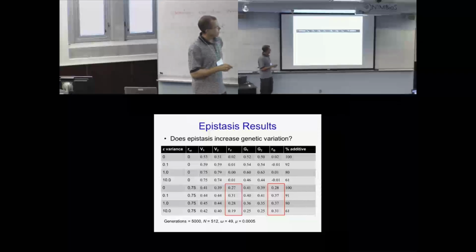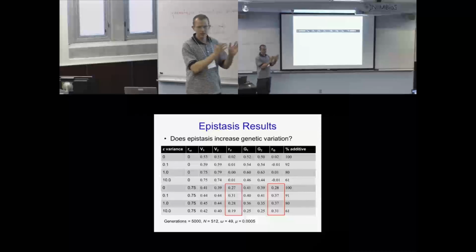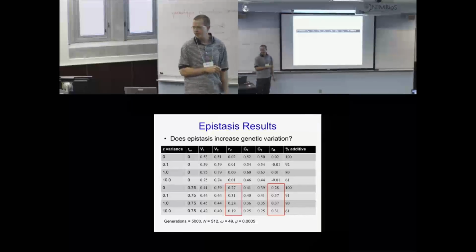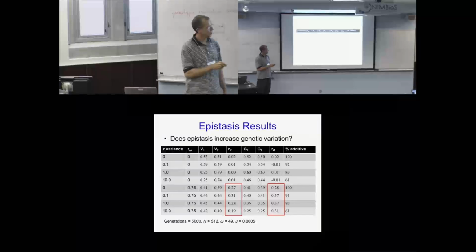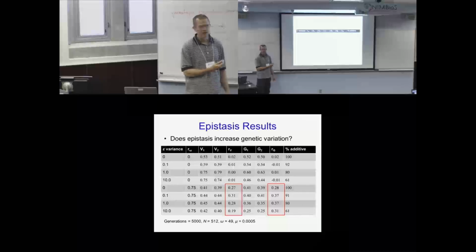One slightly surprising result, though, is that if you look at the total genetic correlation, there's actually a decrease in the total genetic correlation as you add epistasis, but there can actually be an increase in the additive genetic correlation. So you're actually getting a stronger additive genetic correlation under epistasis than you did without epistasis.